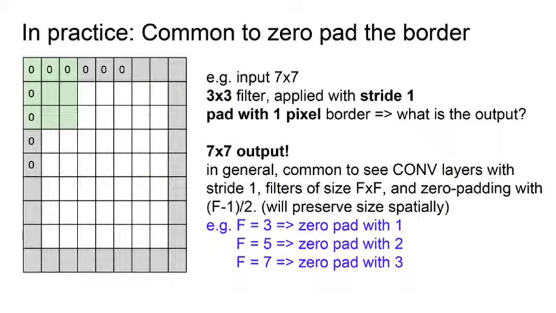In general, it is very common that when you want to do the convolution operation, you usually stick to a stride of 1. And why? Because there is no really good reason to skip any pixels or not visit all the pixels equally often.